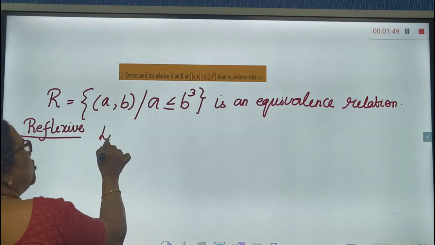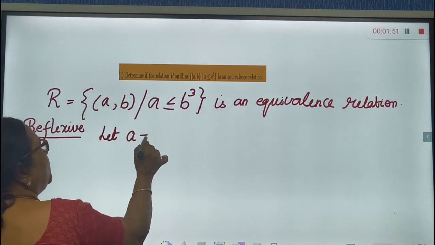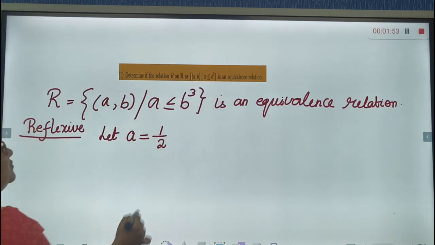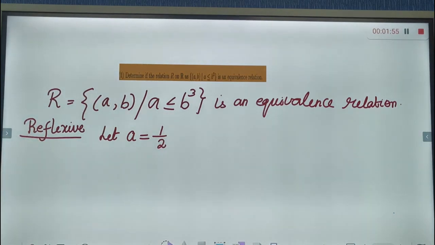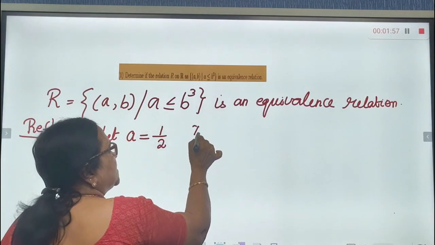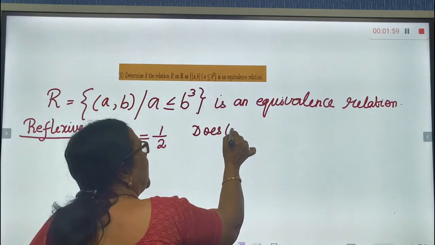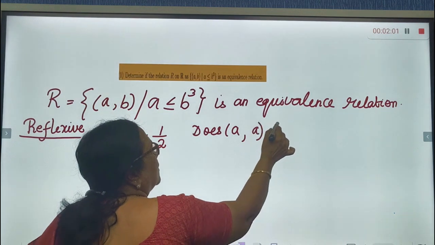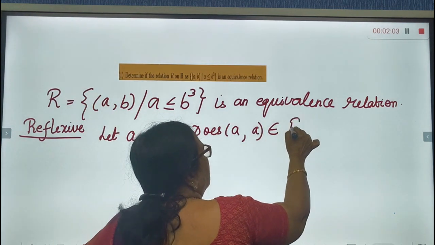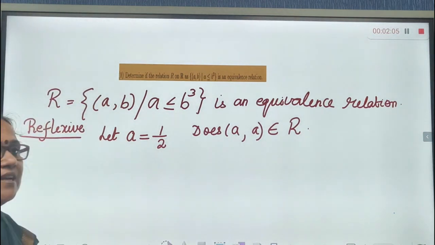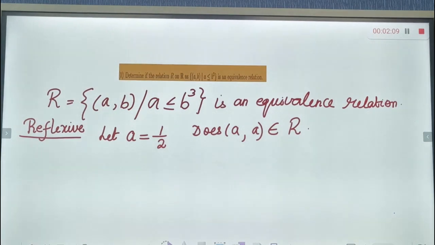I am going to choose a to be half. So the question that we are asking is, does (a, a) belong to R? That is, is a related to a? Is every element related to itself?